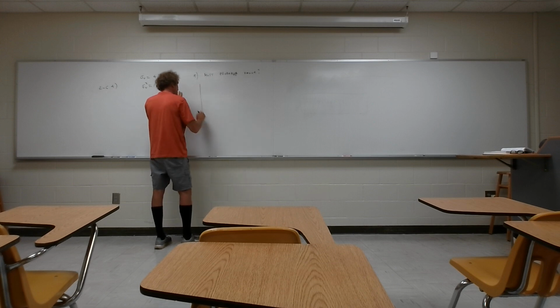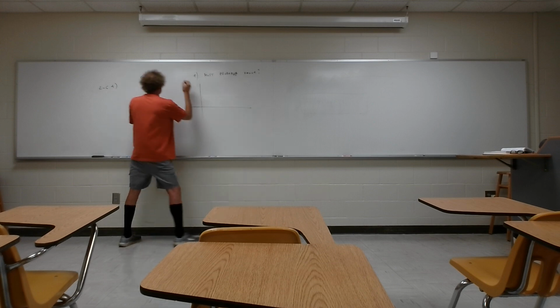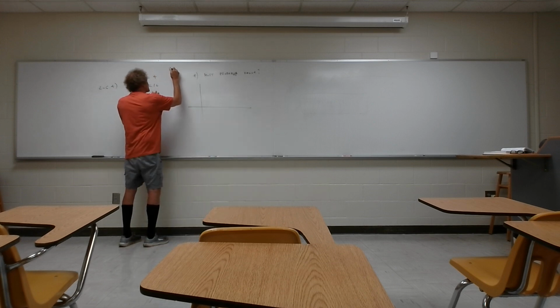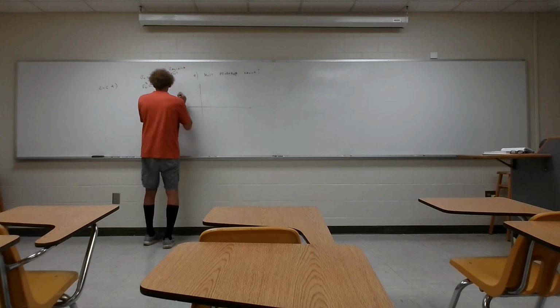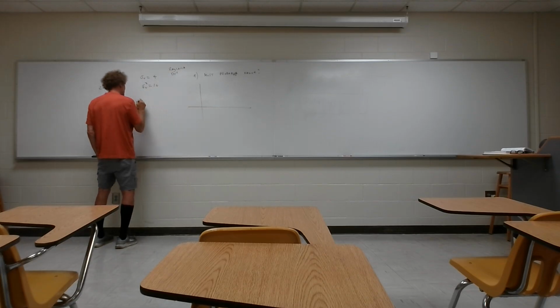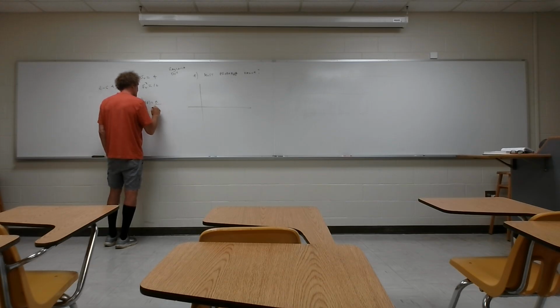So now, this is a Rayleigh distribution. First, you have to take a look at what the Rayleigh distribution looks like. So f of r is equal to r over sigma squared.